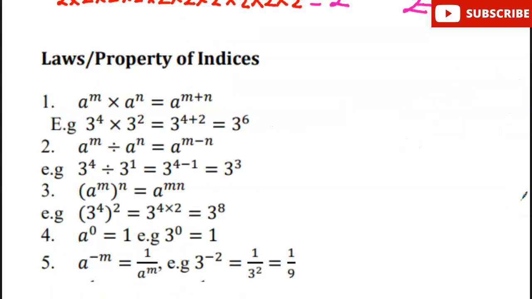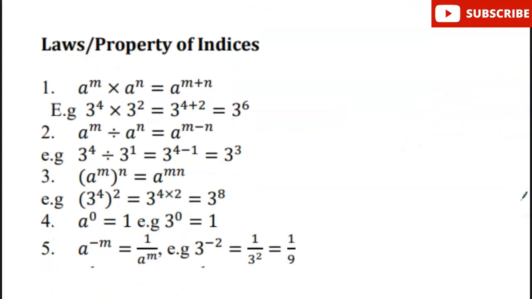In indices, there are some laws or rules that guide us, and that's what we are going to use. In all cases, the base, A, must be greater than 0.